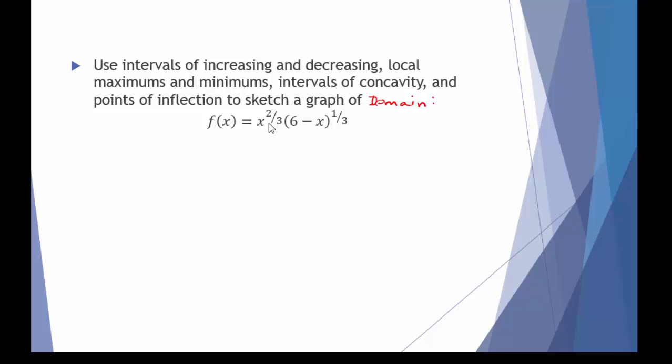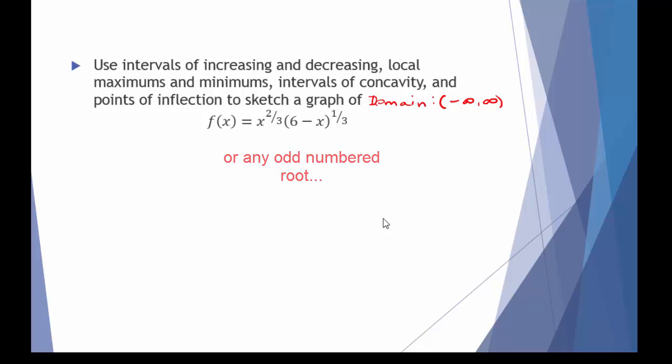The domain of a cube root function is actually all real numbers. So we're fine here. And then this is the cube root of 6 minus x, also a cube root function. So the domain for this is going to be negative infinity to infinity. If these were square roots, that would not be true. But because these are cube roots, all real numbers are acceptable.